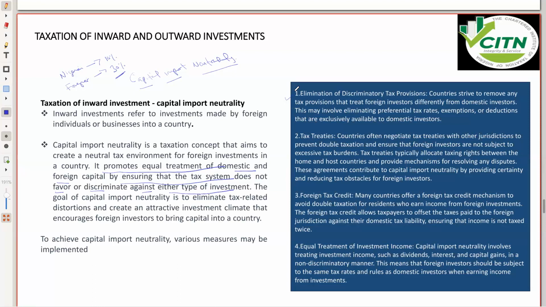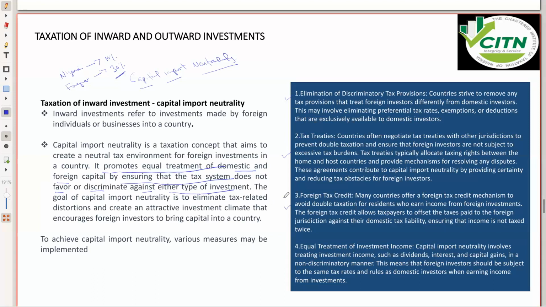The second approach is to get involved in tax treaties. Like we said, tax treaties would help you reduce double taxation burden. So most countries would want to go into as many tax treaties as possible so that it will protect those that are coming into the country and reduce or prevent a possibility of double taxation.